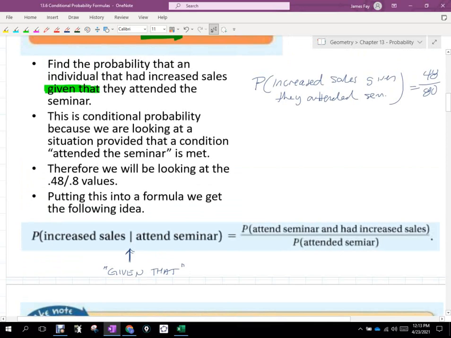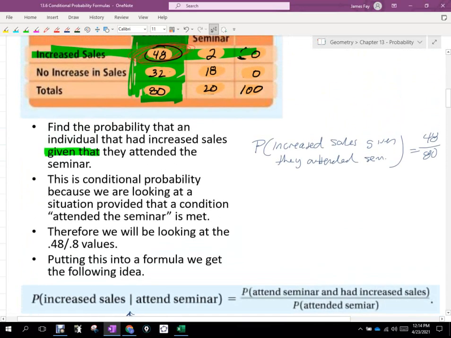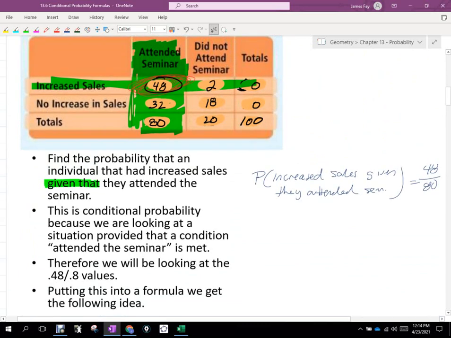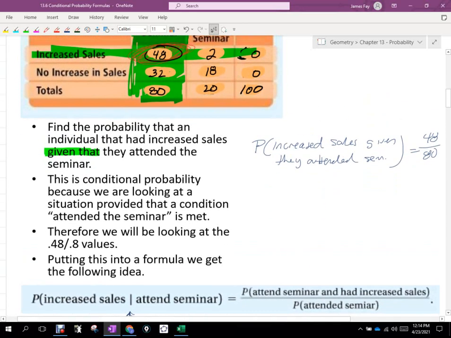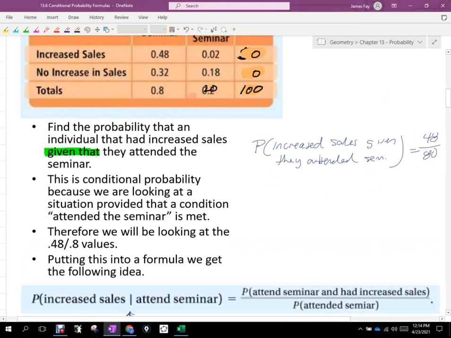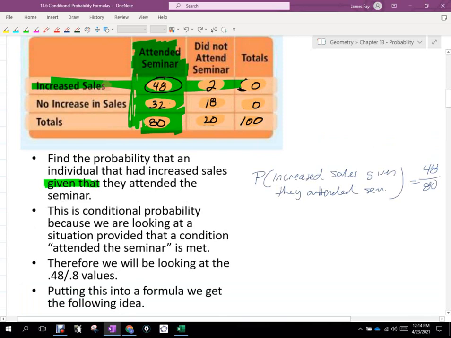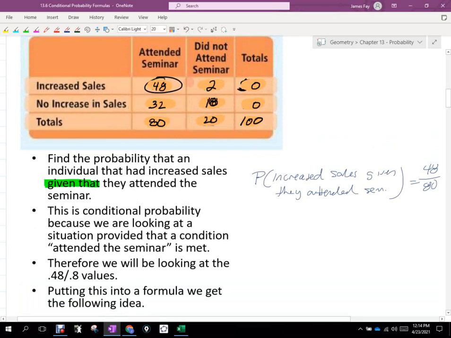Then we divided that by the probability that they attended the seminar. Well, how many people attended the seminar? 80 out of the 100, right? So what we're really doing when we look collectively at the whole table, because we could do this a little bit differently, is this.